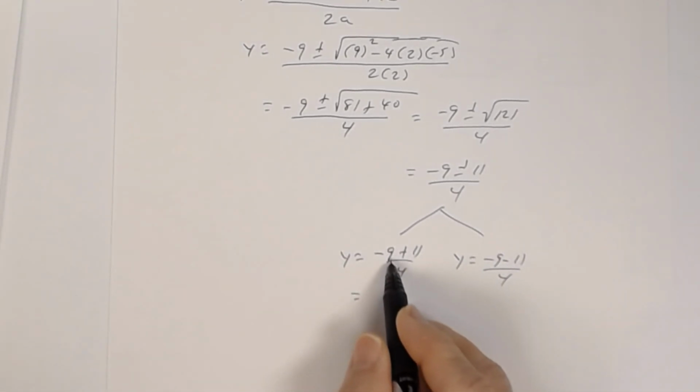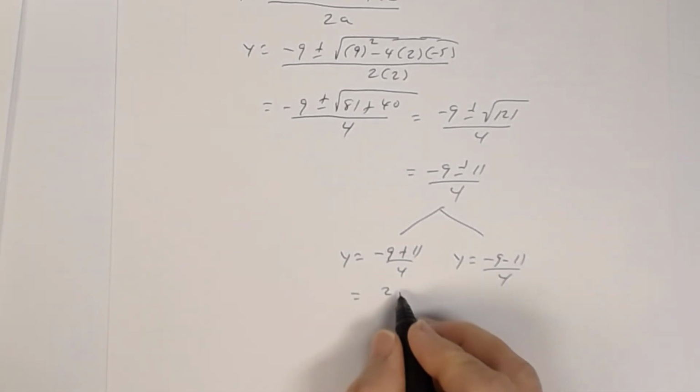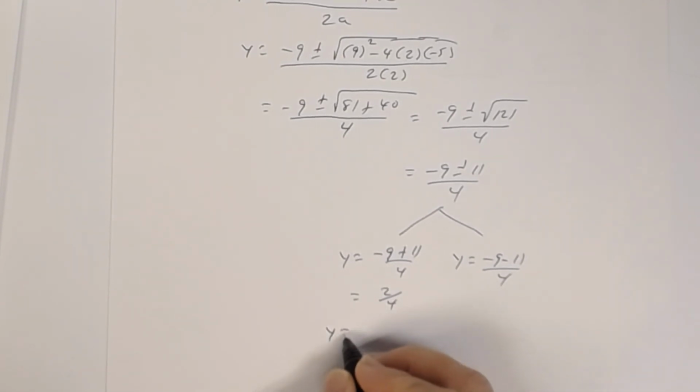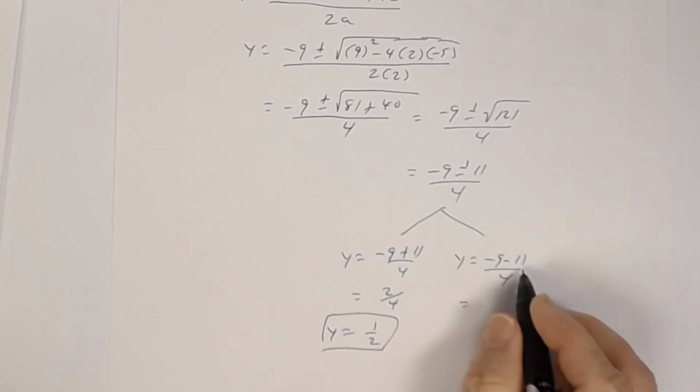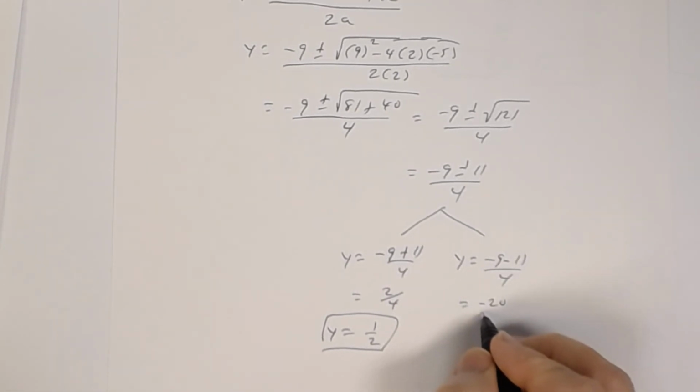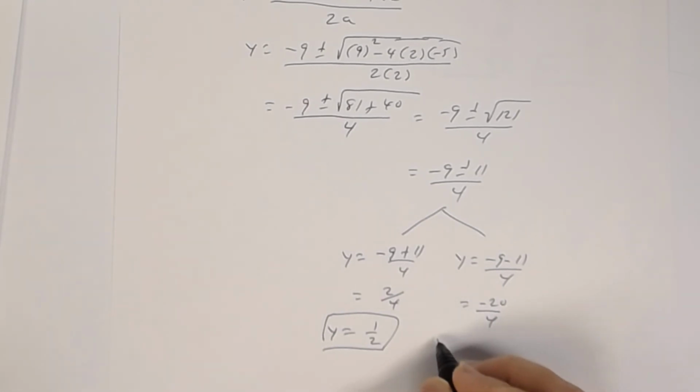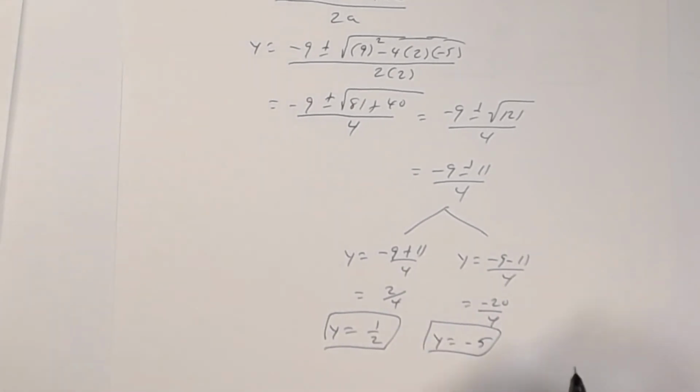And so over here, negative 9 plus 11 is 2, and so 2/4, one of my solutions reduced, is 1/2. Over here, negative 9 minus 11 is negative 20 fourths, and so the other solution would be negative 5. So those are your two solutions.